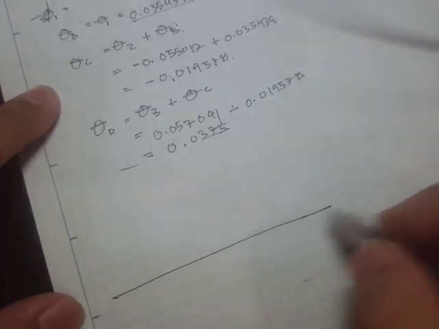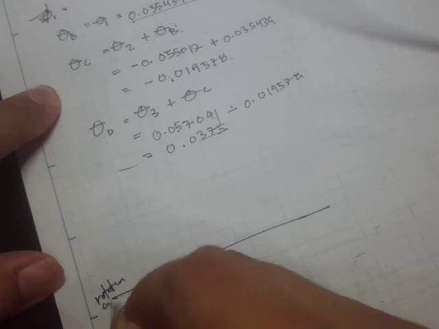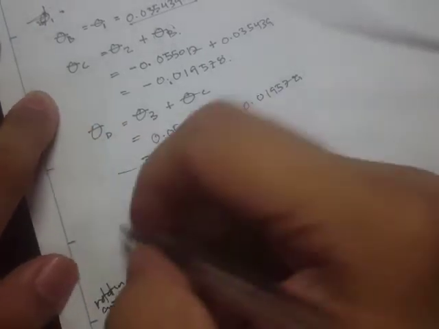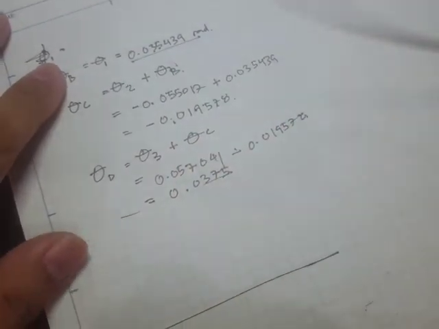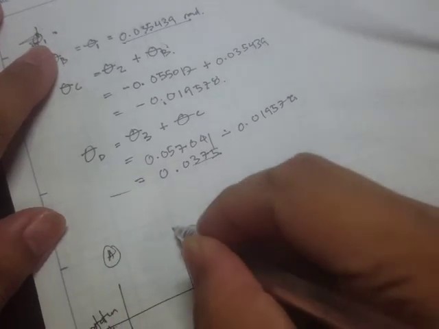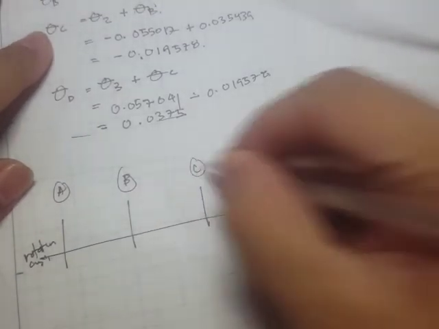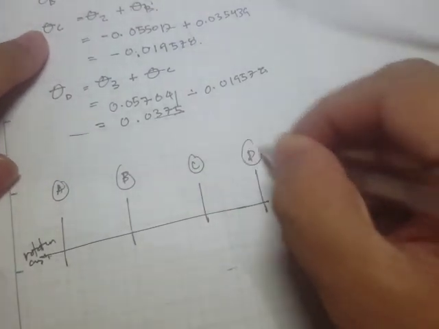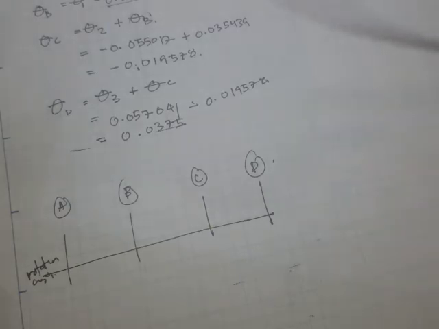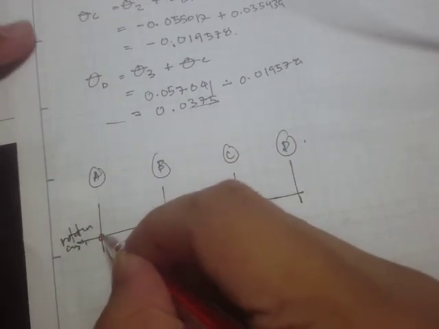Okay, so in terms of diagram, it's like this. So if this is our rotation angle, and this is our point A, and this is our point B, and right here point C, and here is point D. So our rotation angle from point A is 0, right?